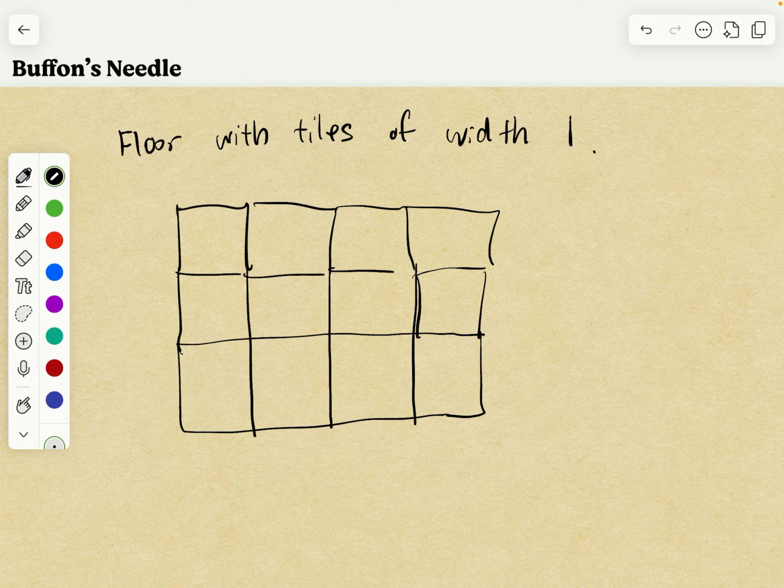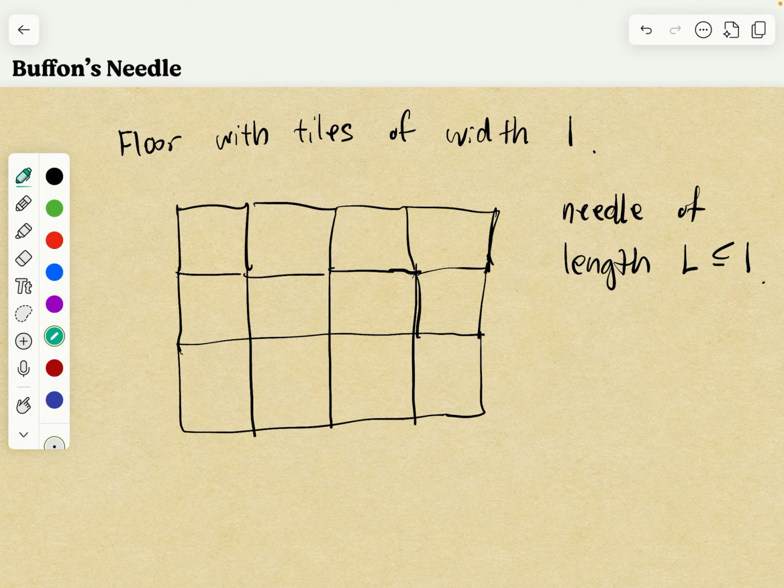So just imagine a floor with these square tiles of width 1, and suppose that you have a needle of length L, which is less than or equal to 1, and you drop it on the floor.